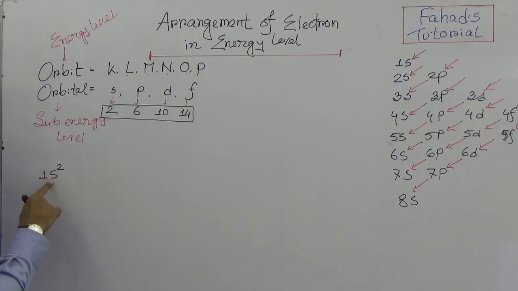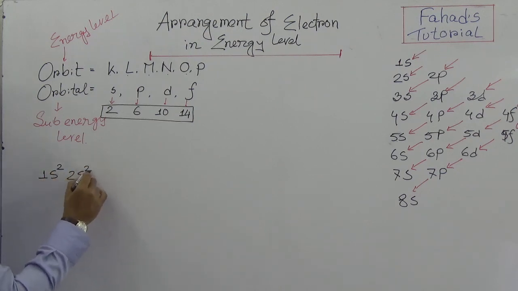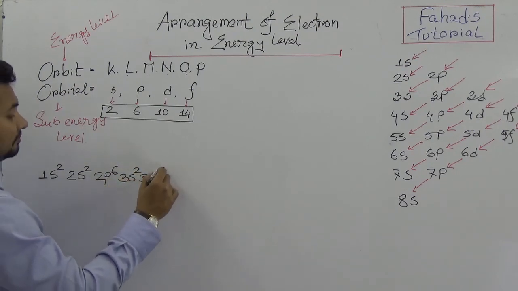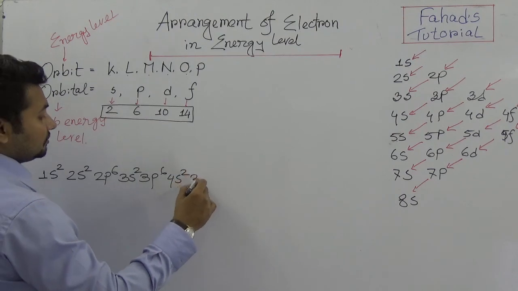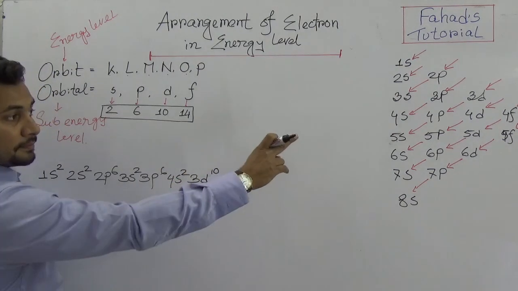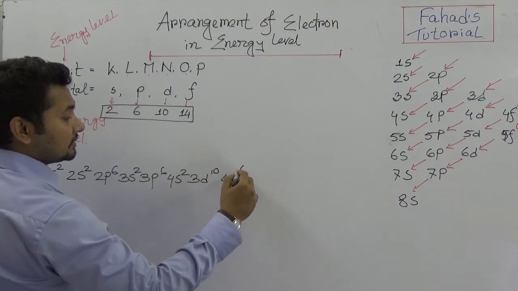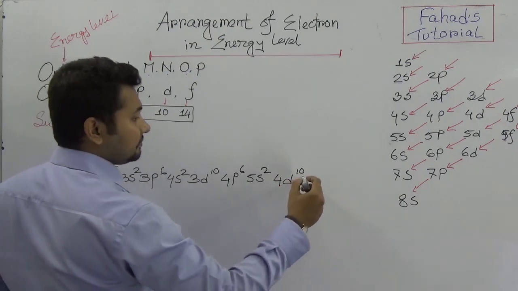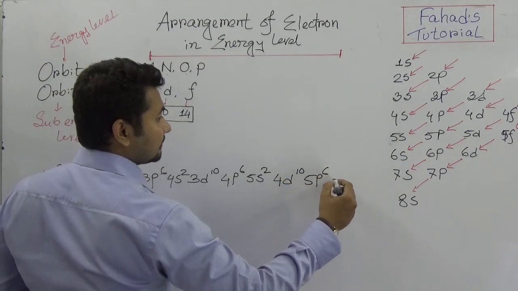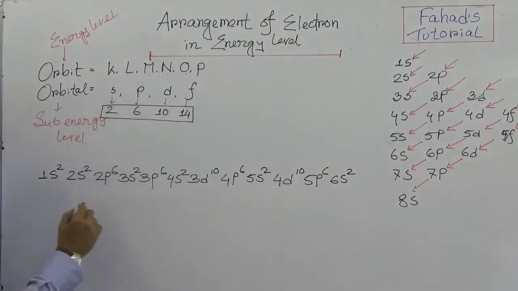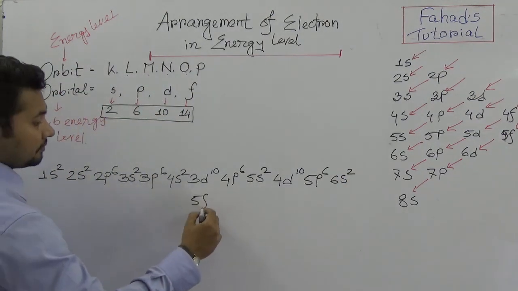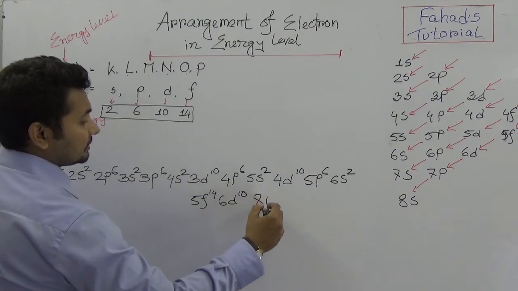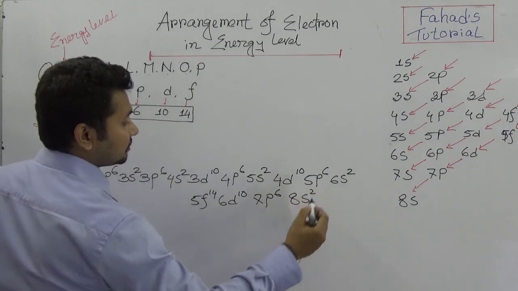We need to say 1s2, and then 2s2, 2p6, 3s2, 3p6, 4s2, 3d10, 4p6, 5s2, 4d10, 5p6, 6s2, 5f14, 6d10, 7p6, 8s2.